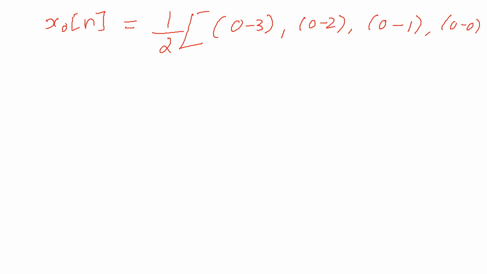So 0 minus 0, 1 minus 1, and in fact this is going to be the origin. 0 minus 0, minus 1 comma minus 1 minus 0, sorry, minus 1, minus 1 minus 0 comma 2 minus 0.